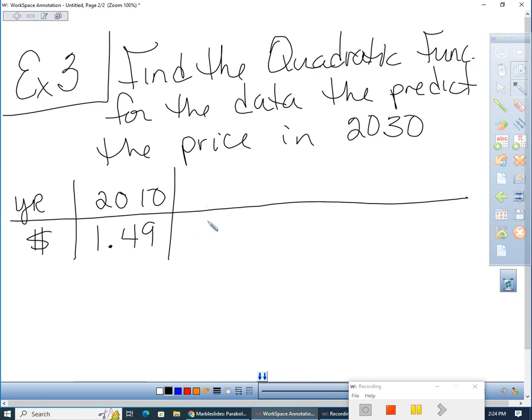In 2015, the price goes up a little bit, let's say to $1.79. Actually, you know what? Let's say the price is going to drop. Let's say it goes down to $1.29. How about in 2020? It's right around COVID, so let's say $1.09.